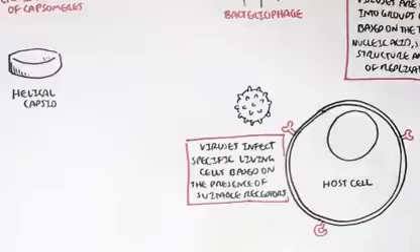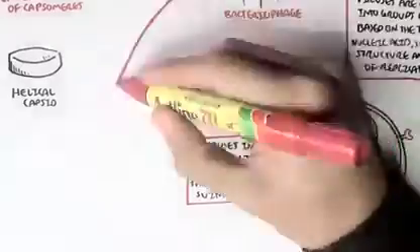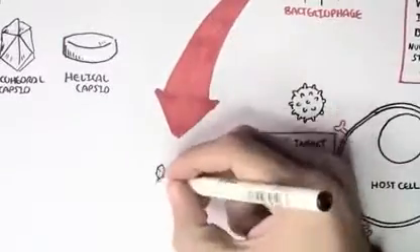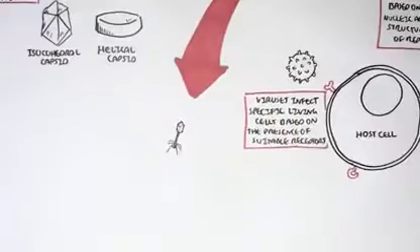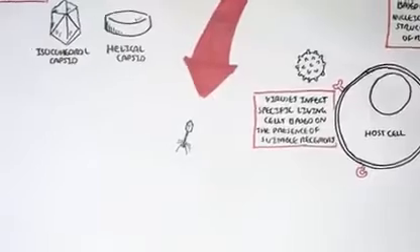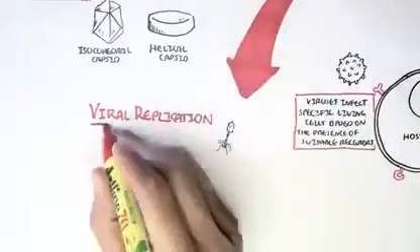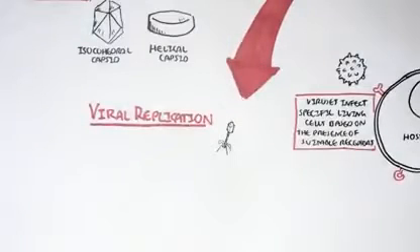Now let's take a look at a popular type of virus called the bacteriophage and see its mode of replication. Remember, a bacteriophage infects bacteria and not humans. Later, we will see the general overview of how virus replication occurs inside a human cell.